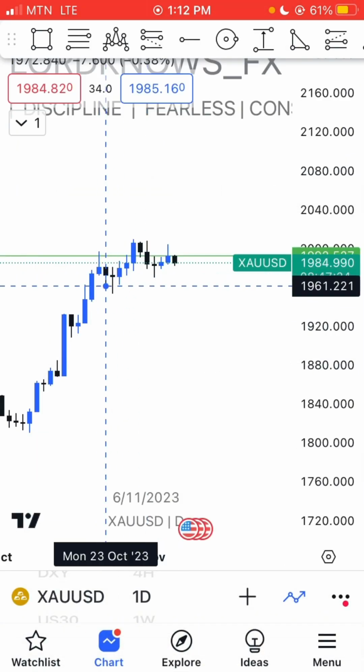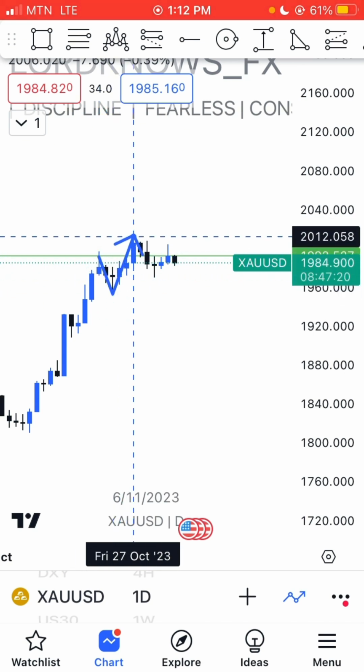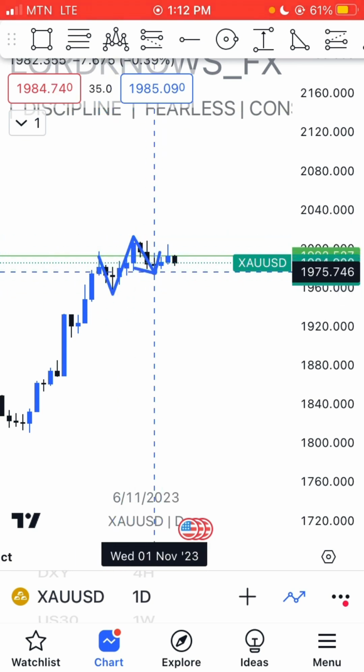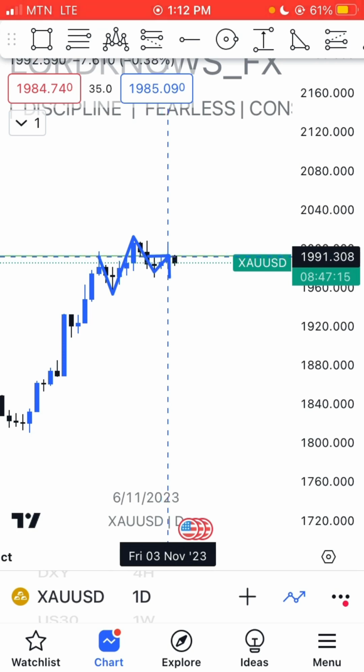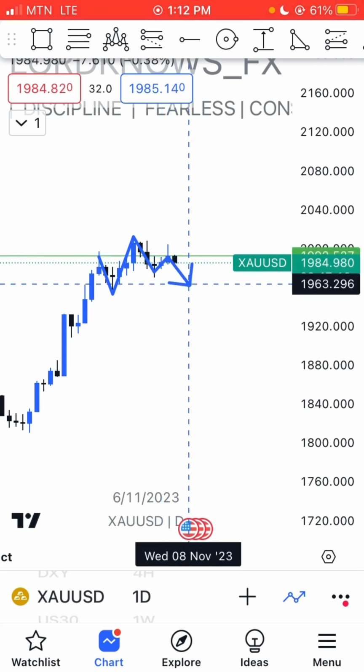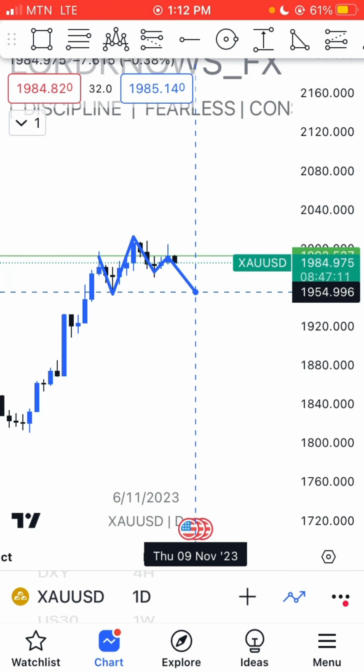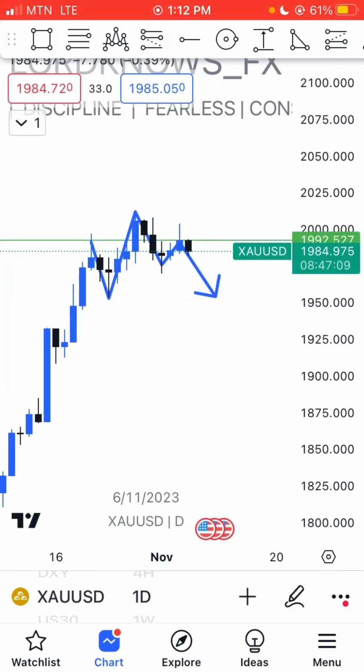Here it refused to. There was a resistance, then there was a break of zone here. Then the pullback happened. So now it's trying to, you see what I'm talking about? So now here, then to this side. This is what the daily time frame is showing us.